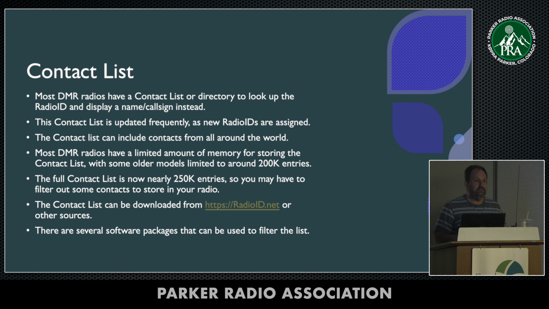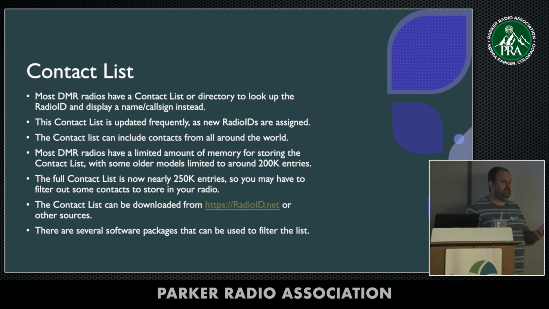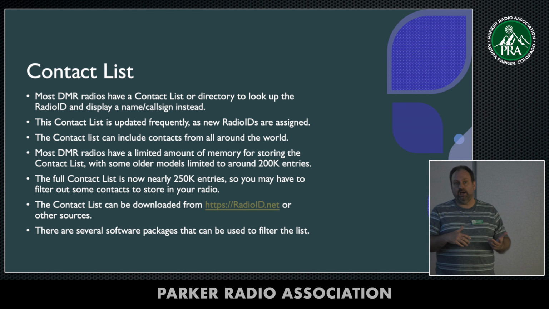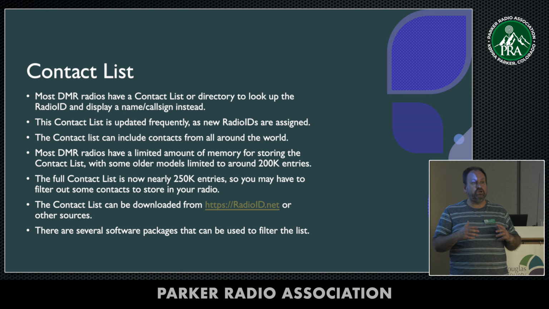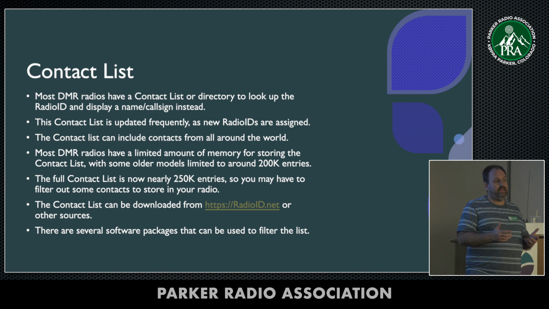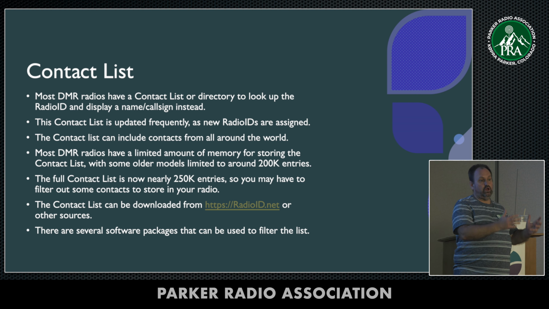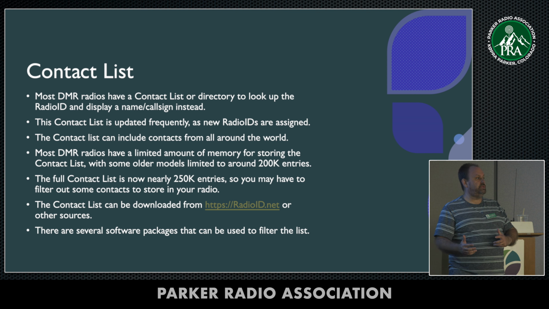The contact list. Now, contact list can mean two different things here. Depending on what your CPS calls things, your contact list might be your list of talk groups, but it can also be that lookup table of radio IDs with names and call signs. So don't confuse the two.